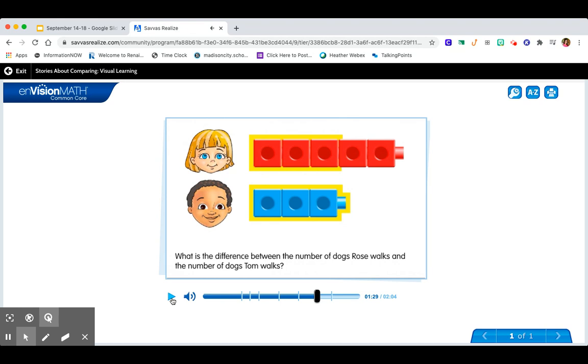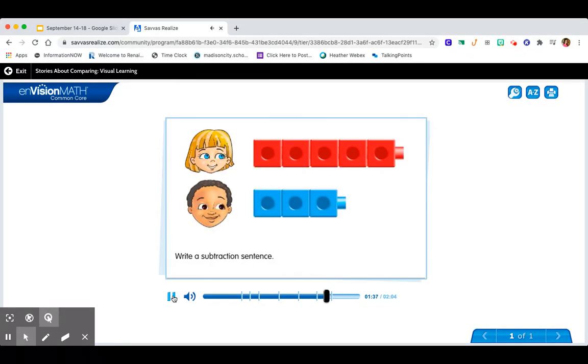Okay, so we can see if he has 3 and then there's 3 of hers, we can see here the extra dogs that she walks than what he did. The difference is 2. Write a subtraction sentence.